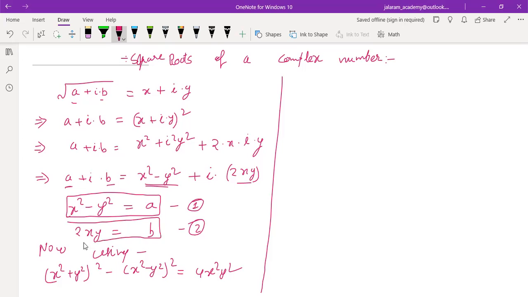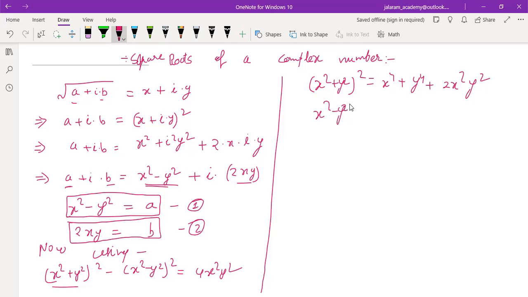Now we will form one more equation using an algebraic identity: x square plus y square whole square minus x square minus y square whole square equals 4x square y square. You can easily prove this identity also. We know that x square plus y square whole square equals x to the power 4 plus y to the power 4 plus 2x square y square.